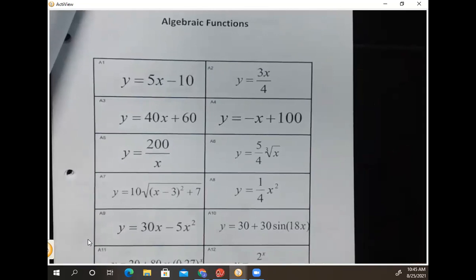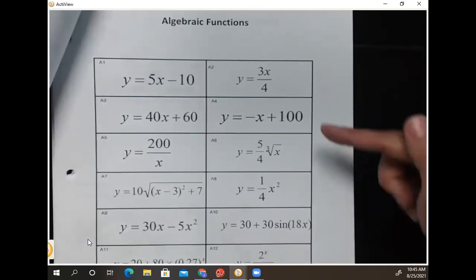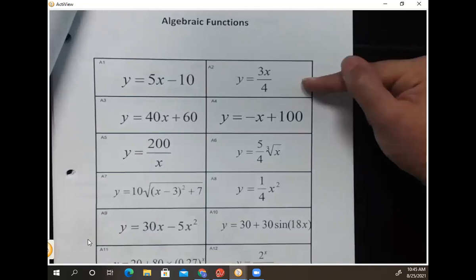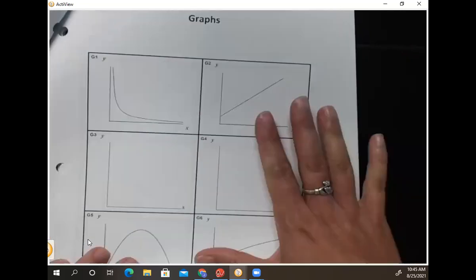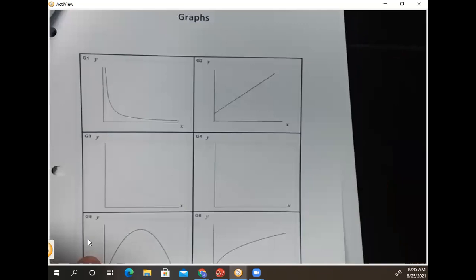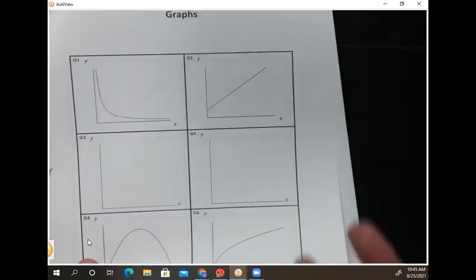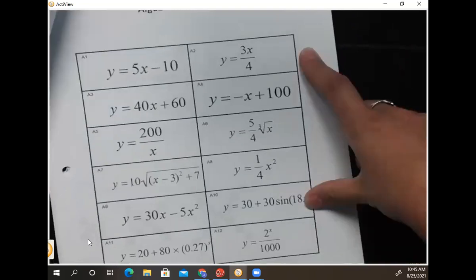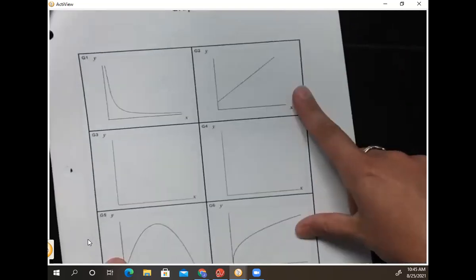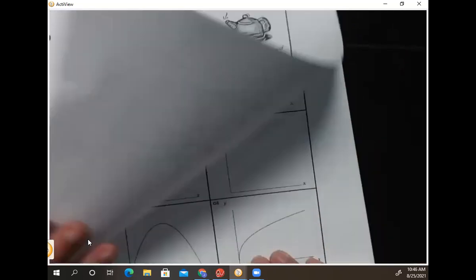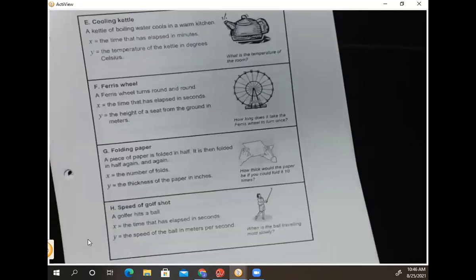So your goal, again, is going to be to match an equation or a function with a graph with a scenario. We just did matching an equation with a graph. So I suggest for today you start there, and then we can move into the graph story piece of it.